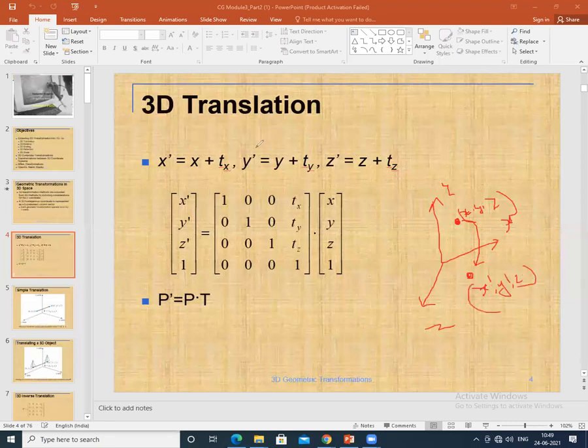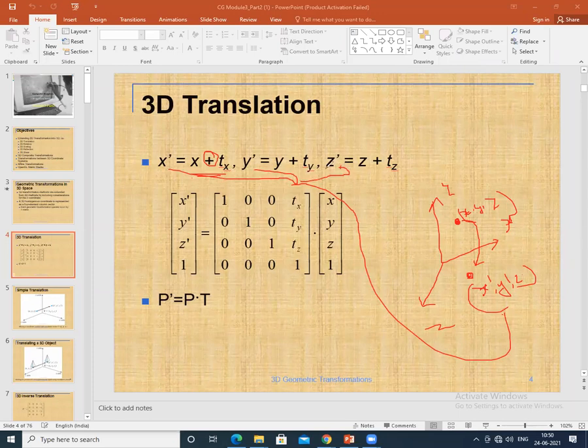It can be represented with the translation factor: x dash equals x plus tx, an additive factor. Similarly, y dash equals y plus ty, and z dash equals z plus tz. These are the translation factors: translation along the x-axis, along the y-axis, and along the z-axis.